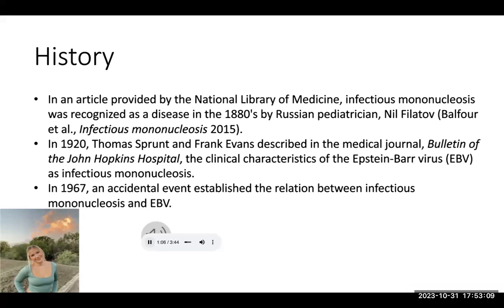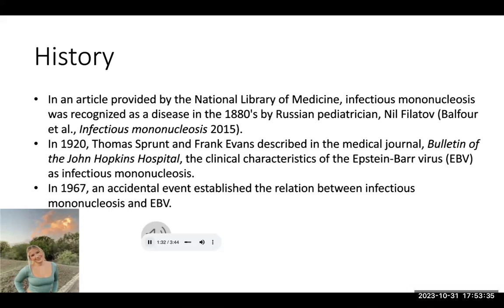So then in 1920, the term infectious mononucleosis was created by Thomas Brunt and Frank Evans in the medical journal called the Bulletin of Johns Hopkins Hospital, which they entitled "Mononuclear leukocytosis in reaction to acute infection, infectious mononucleosis."